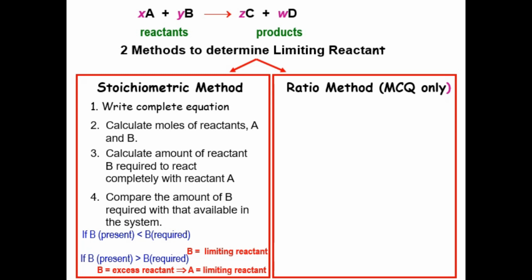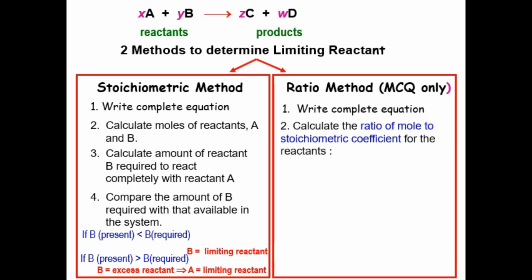So there are 4 steps you have to follow when you apply the stoichiometric method in order to determine the limiting reactant. Next method is the ratio method, which is favorable for answering multiple-choice questions. Number 1, write a complete equation. Complete, again, I'm going to emphasize, means you have to balance it, reactants and products.